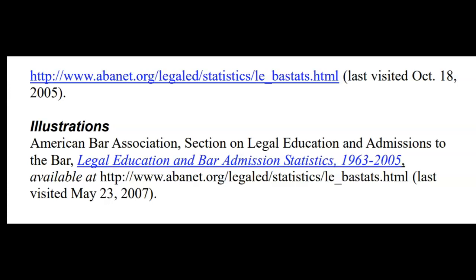But please, please be careful and verify your online sources. They need to be cited to the specific web page visited, the last modified or last updated date, or maybe the last visited date. Okay.